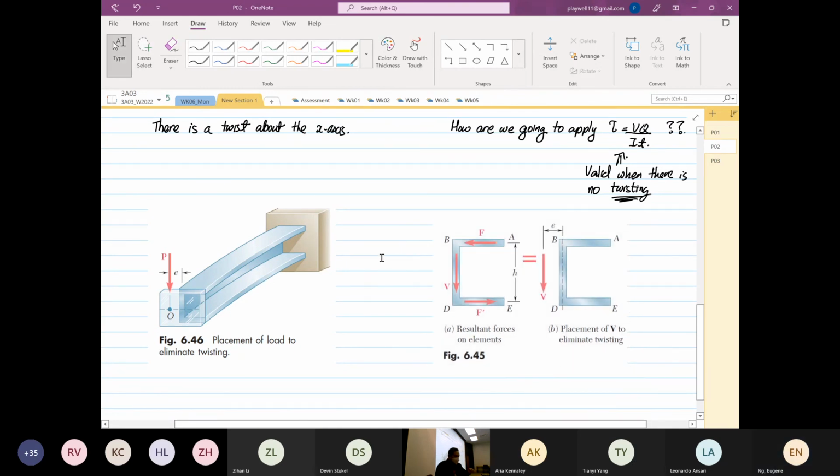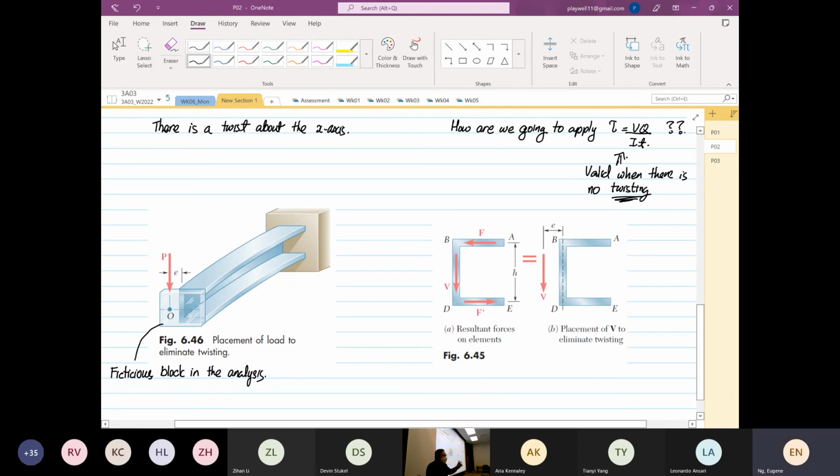So what we are going to do, okay, we are going to place a fictitious block in the analysis.